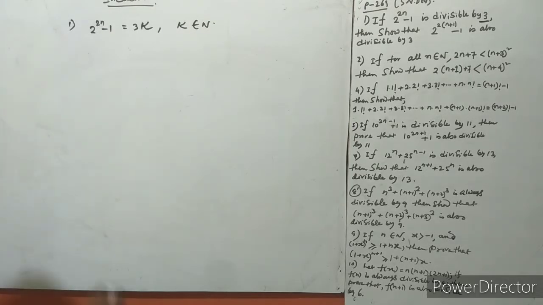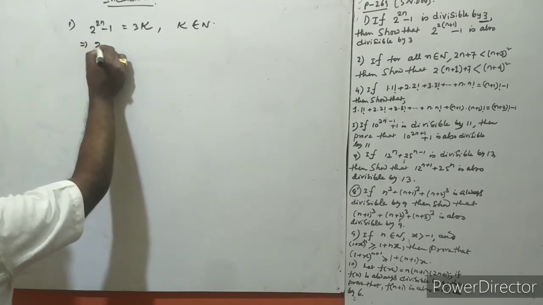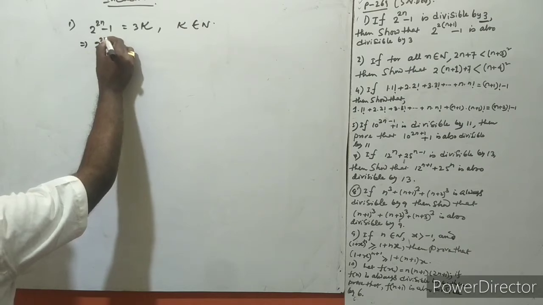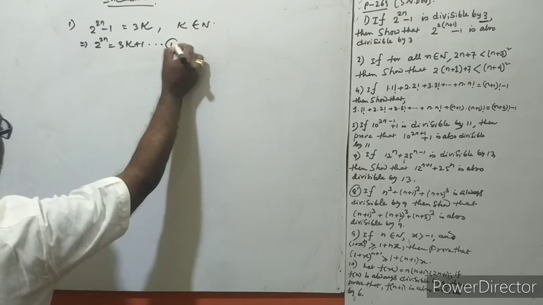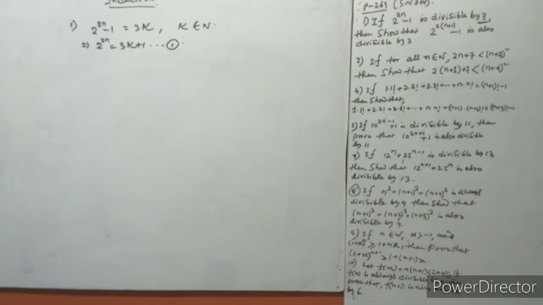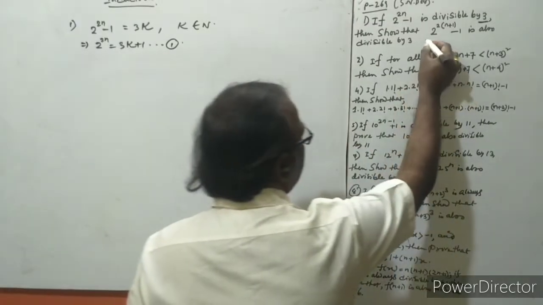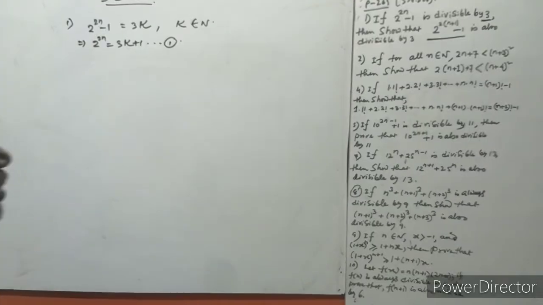So its value we can find easily: 2 to the power 2n is equal to 3k plus 1. Let us assume this is condition 1. And now we have to show this figure is also divisible by 3.